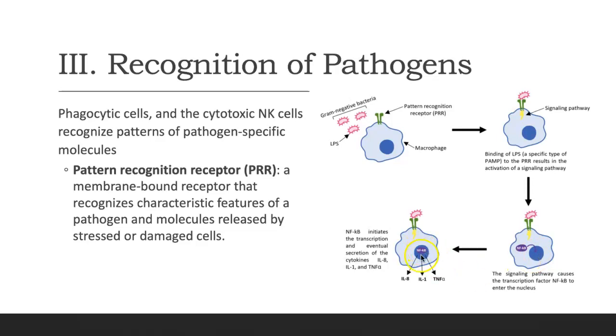And by entering that nucleus, we are now able to secrete cytokines such as IL-8, IL-1, and TNF-alpha, tumor necrosis factor alpha, which are then going to go and continue the pathway for our immune response.